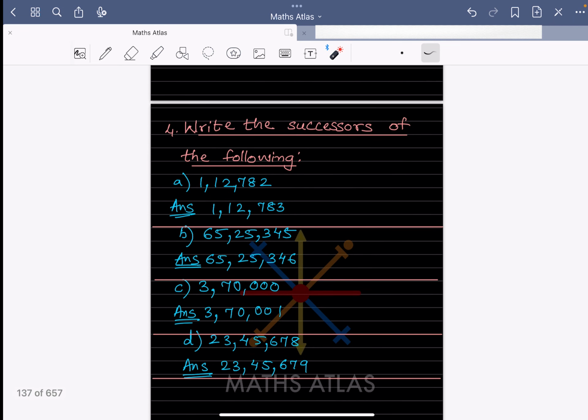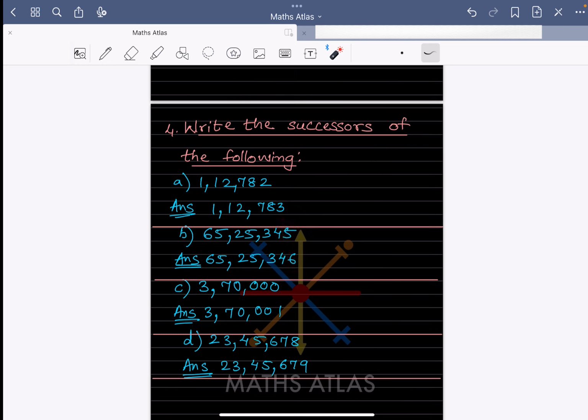Now we will see the successors of the following. Now see here, what we are going to do, we are going to consider the last digit of this one. So here when we add 1 to this 2, what happens? We get here 3. The rest of the numbers remain the same. Again, same thing we are going to use for here.